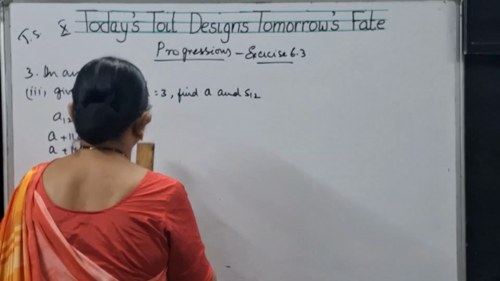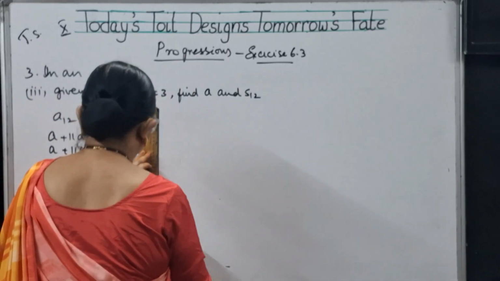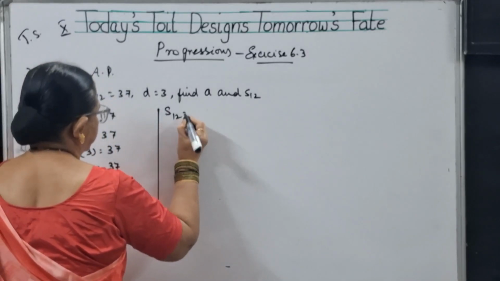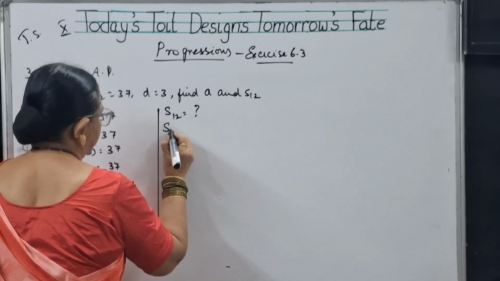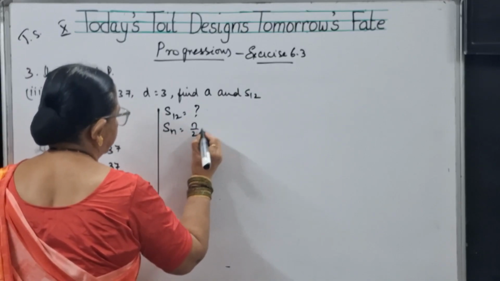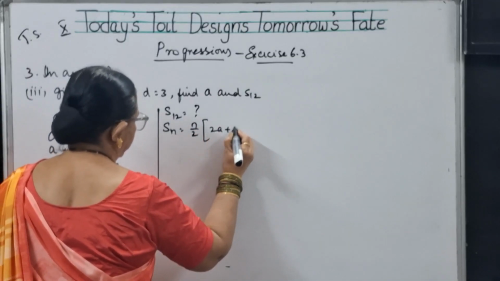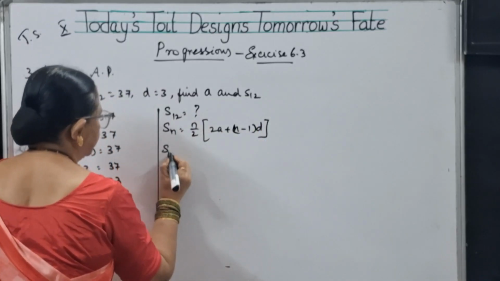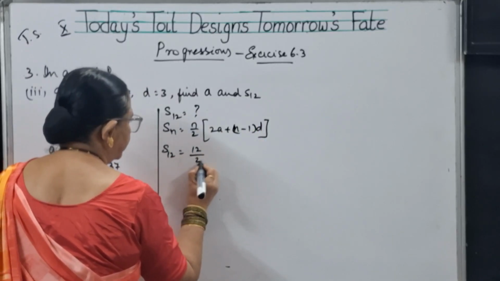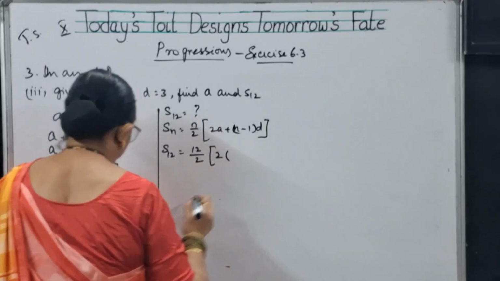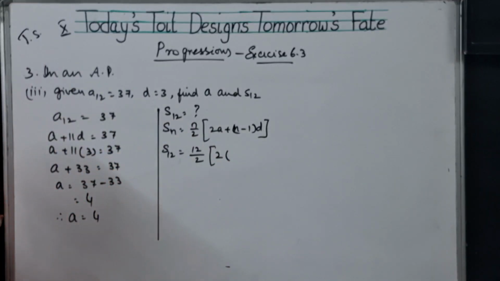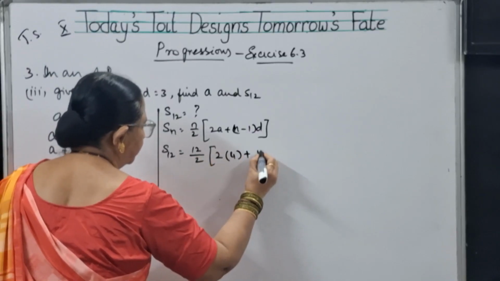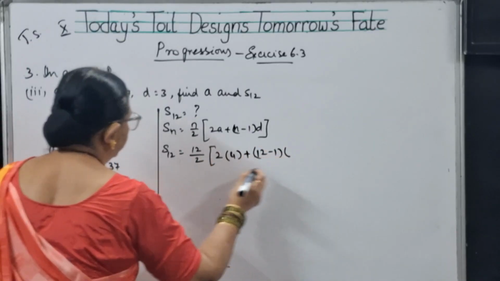So A is equal to 4, I have got. Now after getting A, they are asking to find out the sum to 12 terms. Sn is equal to n by 2 into 2a plus n minus 1 into d is the formula. So for sum to 12 terms, 12 by 2 into 2 into a. I got a here as 4. So 2 into 4 plus n is 12 minus 1 into d.